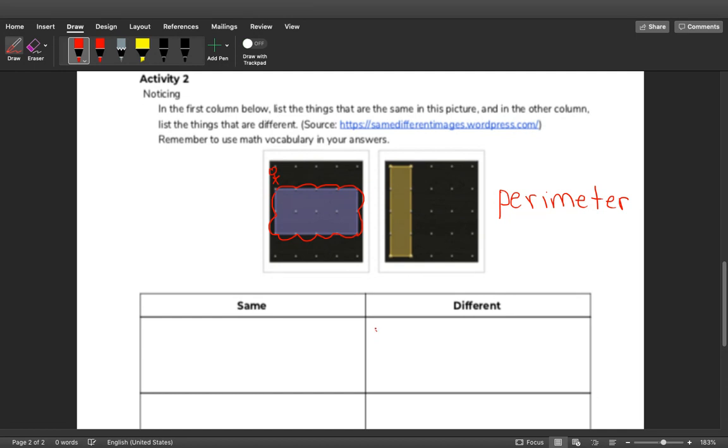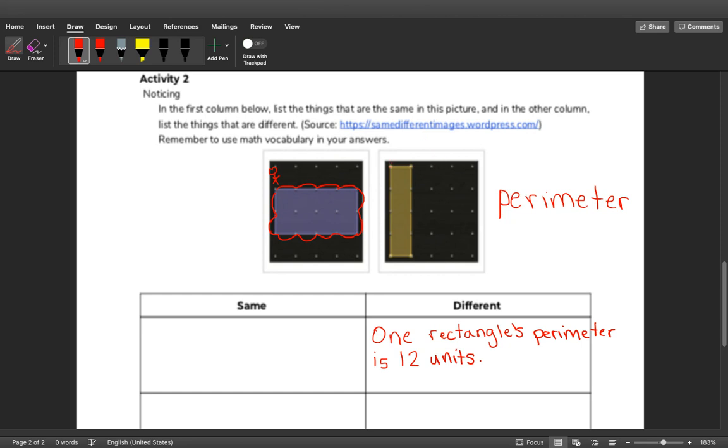So I'm going to say one rectangle's perimeter, I've got to go over here, is 12 units. And let me see what the other one is.